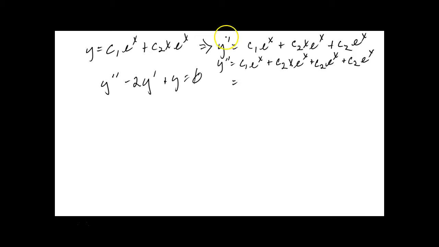Let's do our y prime. I'm going to simplify that. Y prime is equal to, every term has an e to the x. Let's pull that out. And then what do we have left? C1 plus C2 plus C2x, right? So let's do the same thing to y double prime.